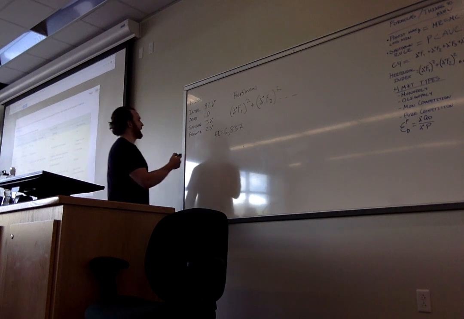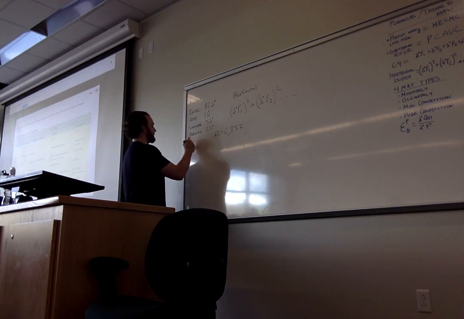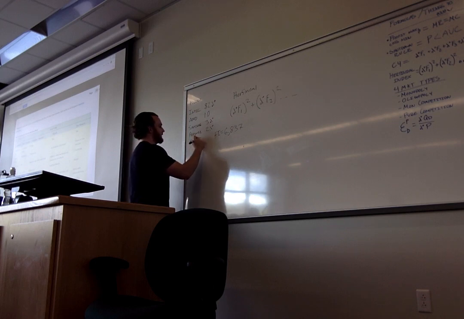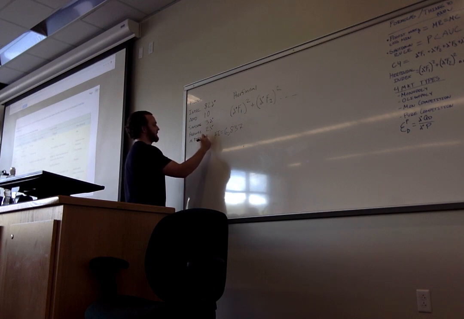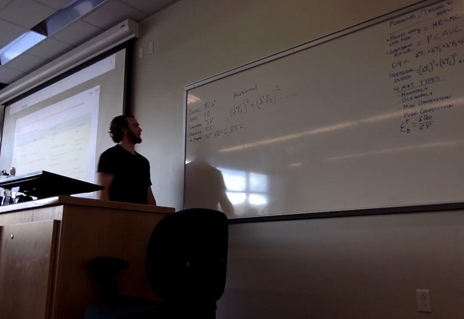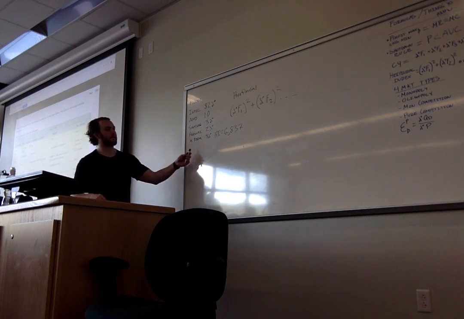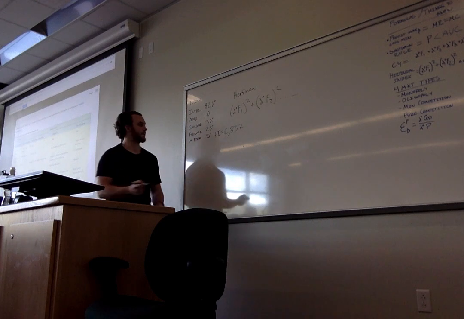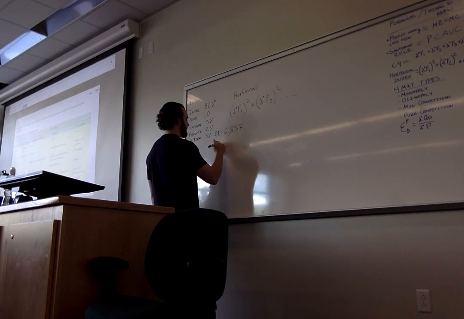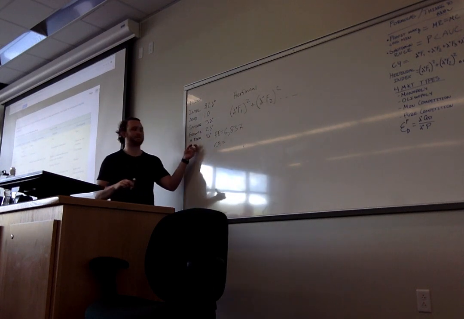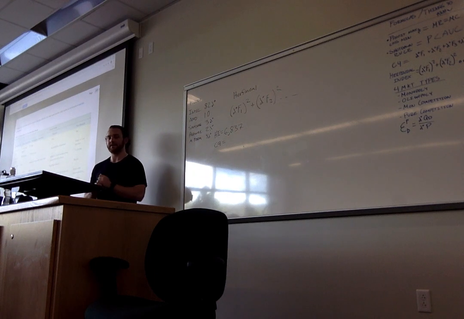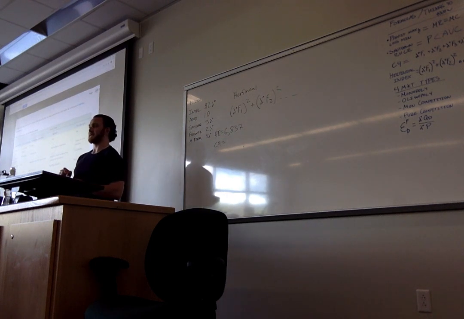So I'm going to add another firm, and let's say that they have an additional 3%. Do me a favor and calculate the C4, the four firm concentration ratio, for this industry. Whoever gets it first, shout out.